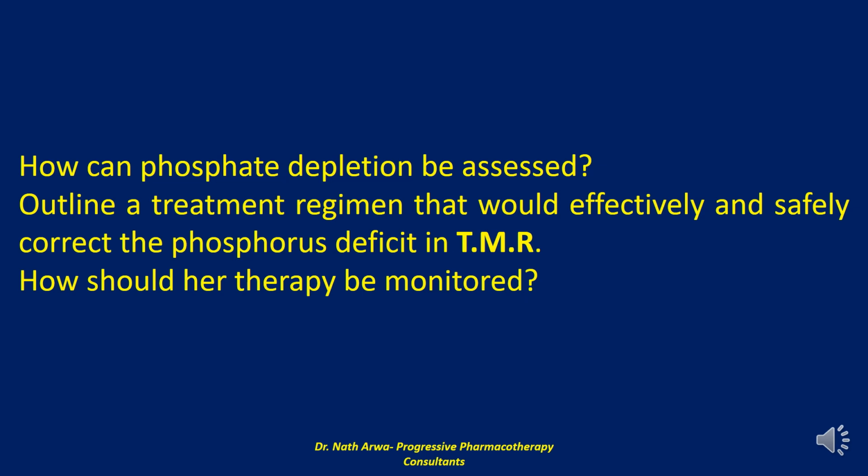IV administration of 0.08 to 0.5 mmol per kilogram body weight of phosphorus over the course of 4 to 12 hours is safe and effective in restoring the serum phosphorus concentration. More aggressive regimens, such as infusion over the course of 30 minutes to 2 hours, have also been suggested for critically ill and surgical patients.